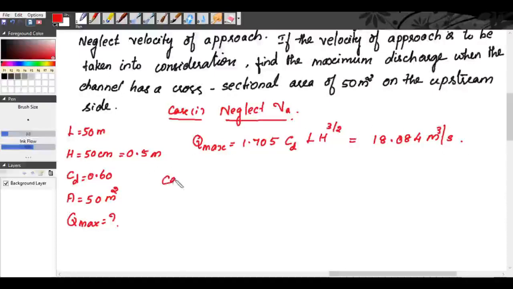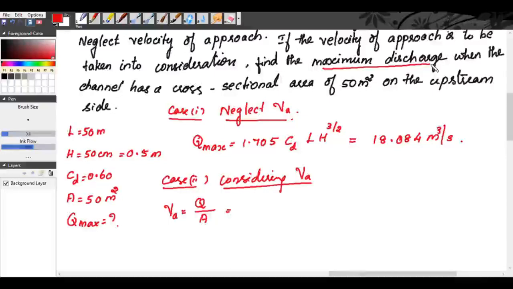Now case 2, considering the velocity of approach. We are taking into consideration the velocity of approach also. So we know velocity of approach, the formula is Q by area. Now we have calculated the Q max. We have to consider maximum discharge.